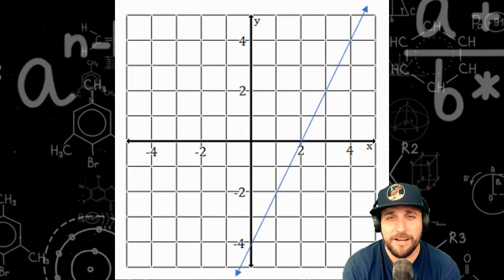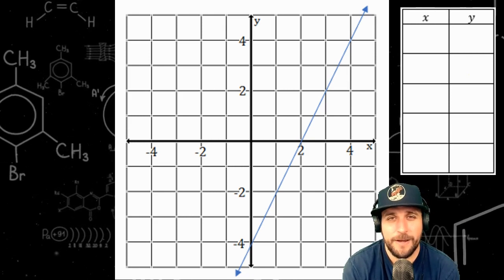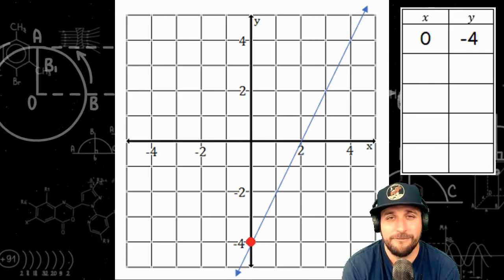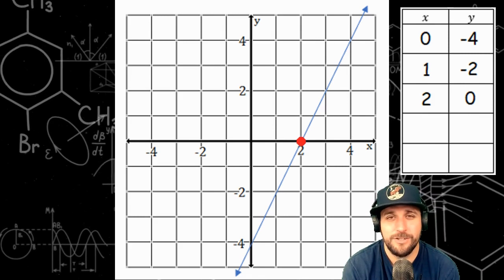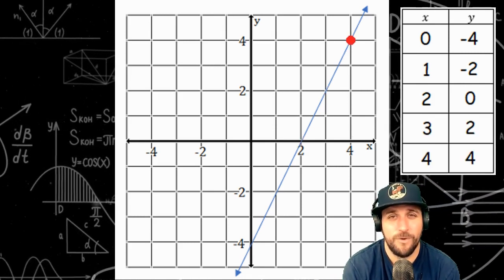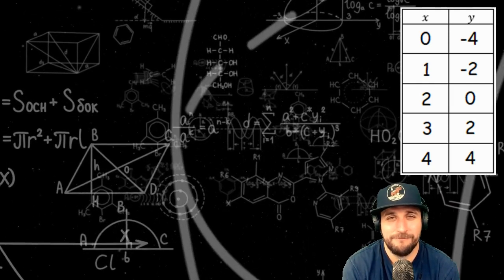Next, it asked me to plot all my ordered pairs in the table provided. I got 5 ordered pairs: (0, -4), (1, -2), (2, 0), (3, 2), and (4, 4). Now it asks us to write an equation.